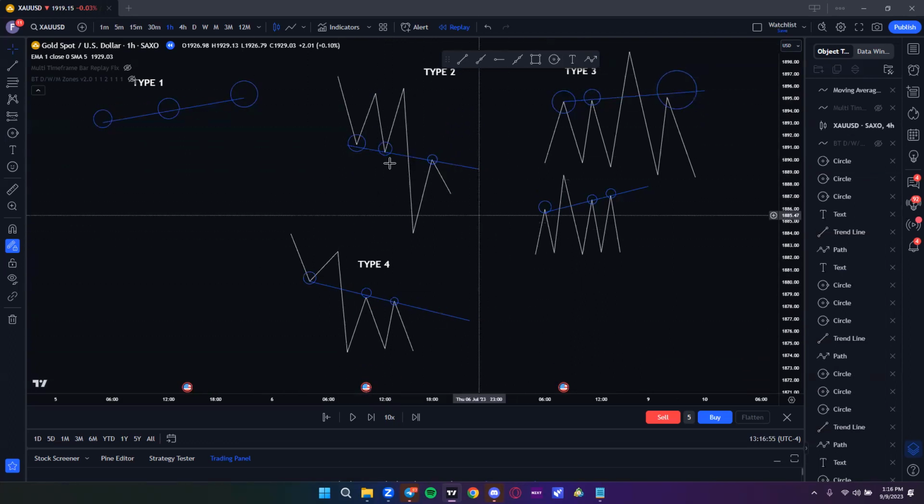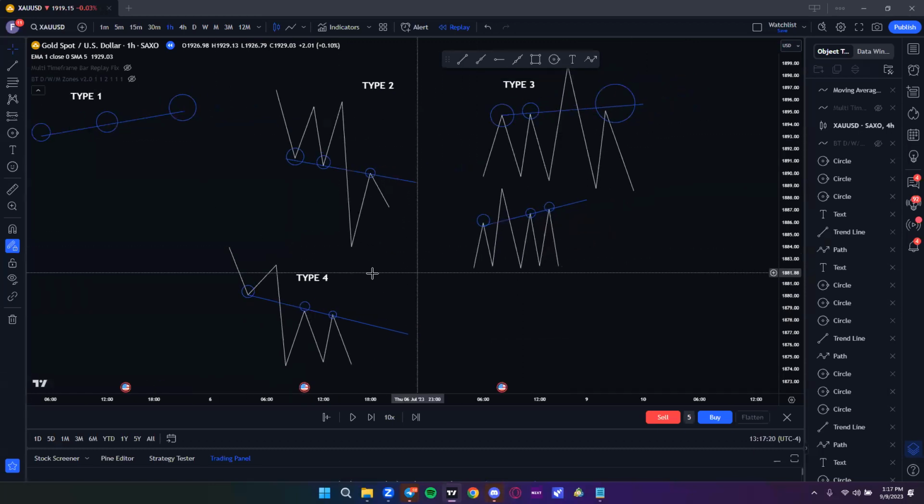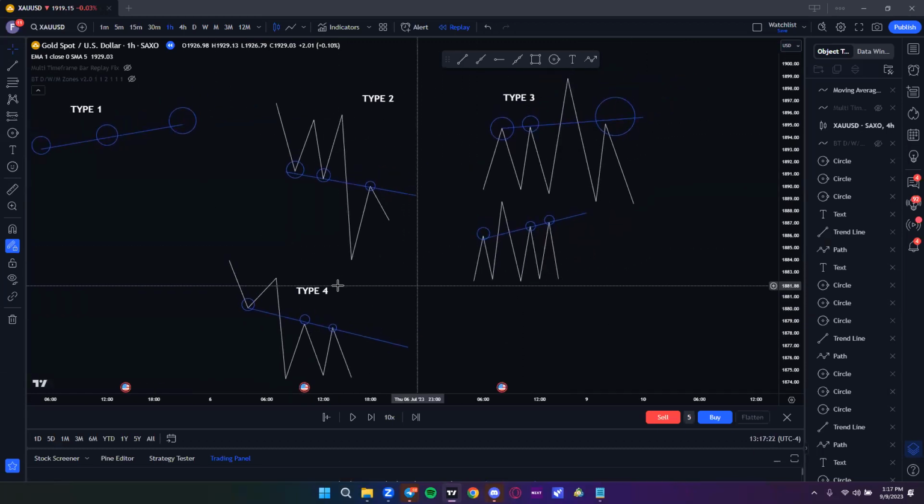They're very similar, but the support points A and B are before the breakout on type 2, and points B and C are operating as resistance after the breakout of support right here. I'll show you some examples of these in just a moment. Let me just get through the last one.